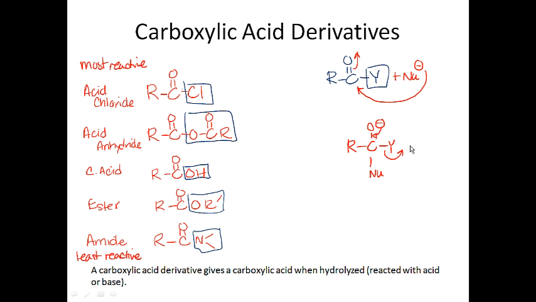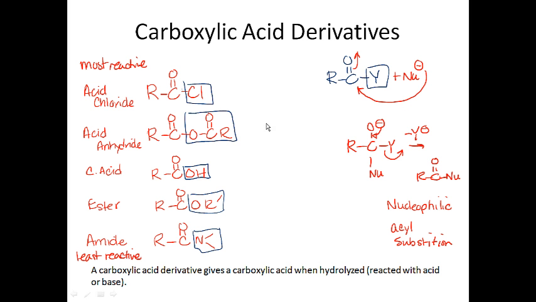Let's kick off the Y group, so we lose Y minus, and we end up doing what's called nucleophilic acyl substitution. Not everybody calls it this, so it's not as widespread as electrophilic or nucleophilic aromatic substitution, but you can call this nucleophilic acyl substitution.